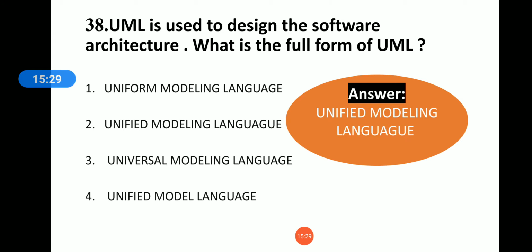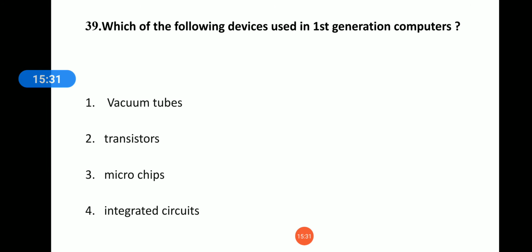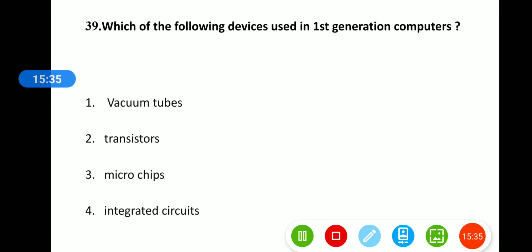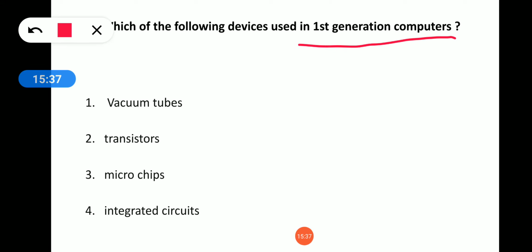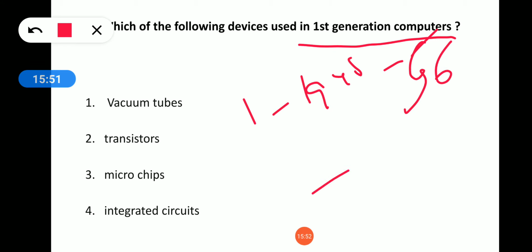Unified Modeling Language. And the next question will be, which of the following devices was used in first generation computers? So I will first explain the different generations of computers. First generation computers, from 1940 to 1956, used vacuum tubes.